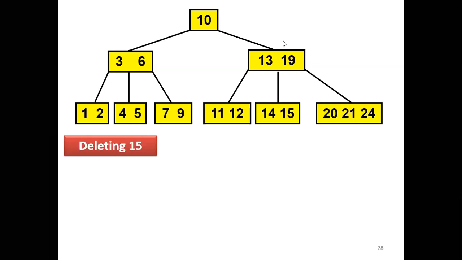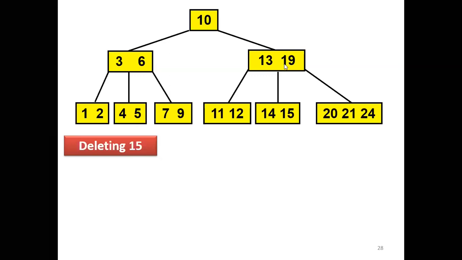We can borrow a data item from here. But if we borrow a data item from here to replace here, here it becomes 19, and here has a hole. So we need to fill this hole to restore this node to B tree properties.